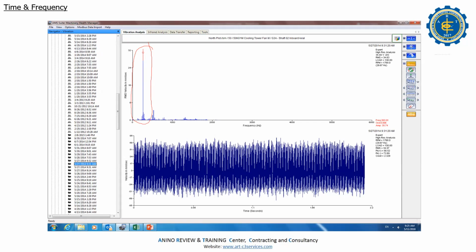Sorry, sir, 32 it is. This is over there. What is it? It is a fan. Cooling tower fan. See, so 1x high, but the side bands.